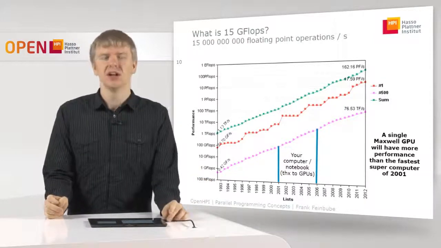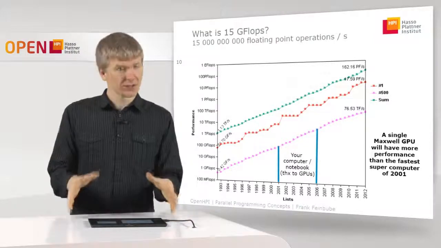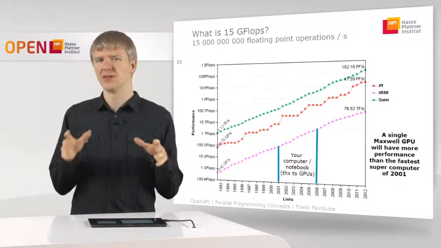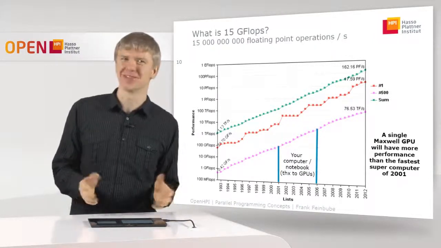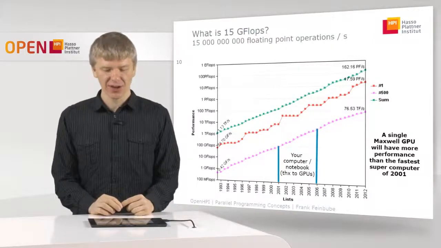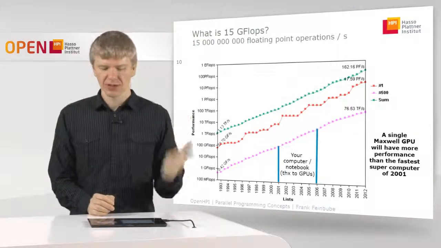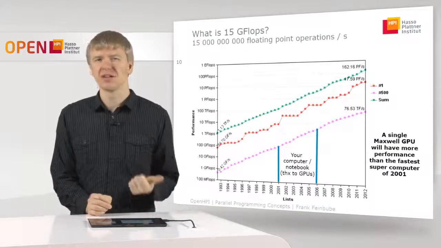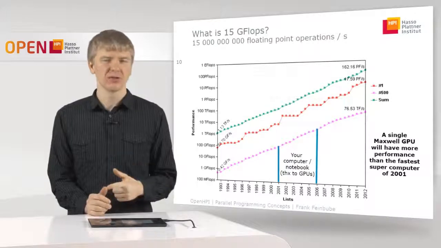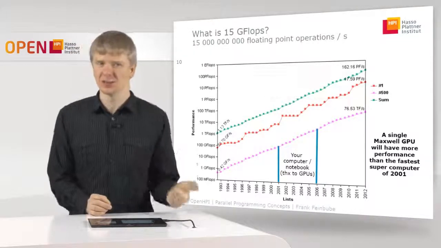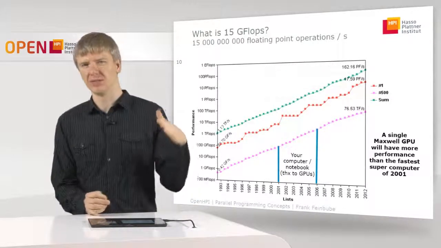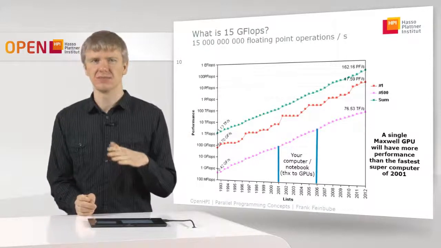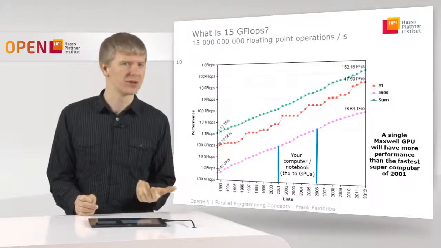So 10 years ago, our standard computers would have made it into the top 500 supercomputers. That's pretty awesome. And another thing is that a single Maxwell GPU will have more performance than the fastest supercomputer in 2001. So even though our computers would make it into the supercomputers, they would basically be at the last places, like number 500 or something.